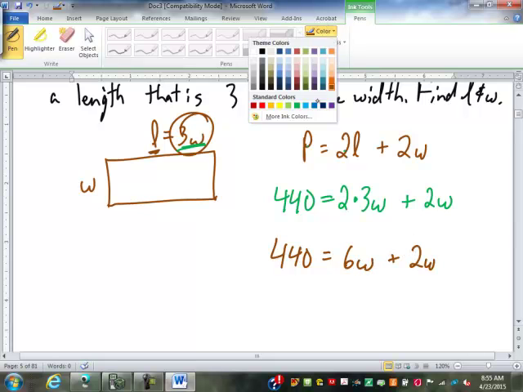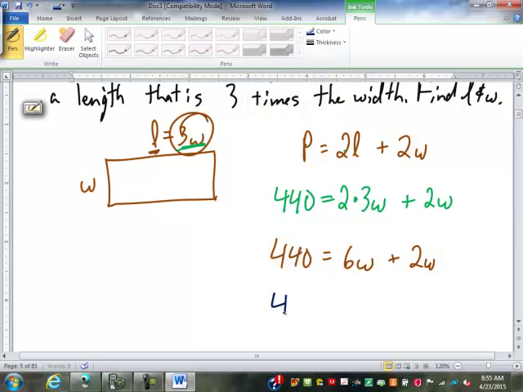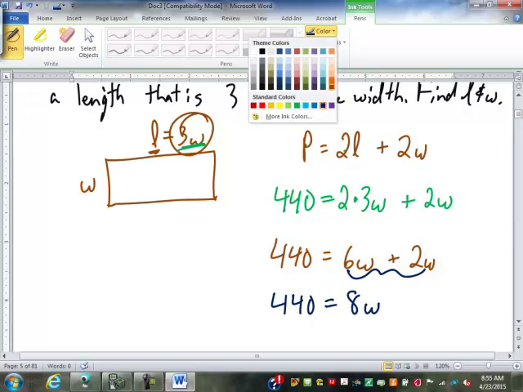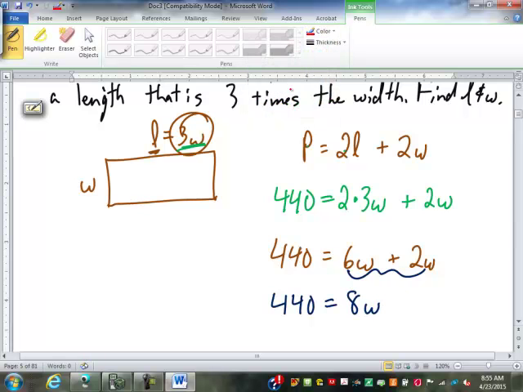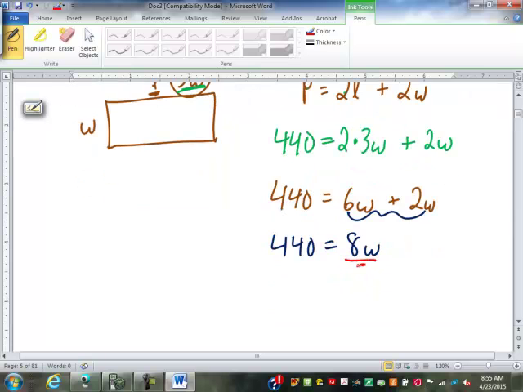What's next? Combine. What do we combine? 6W and 2W makes 8W. And then divide by 8, which is going to give us W is 55.